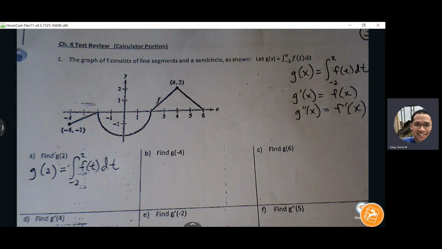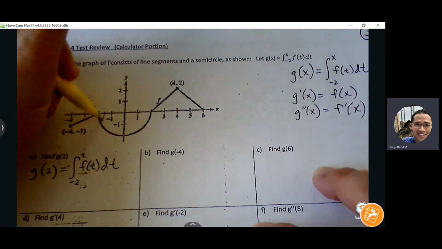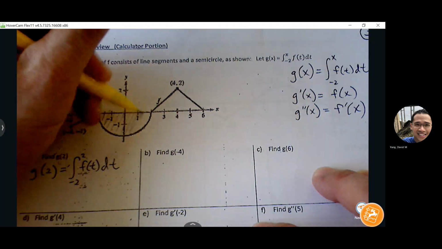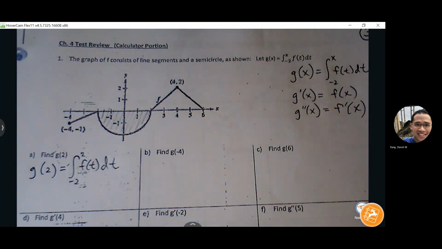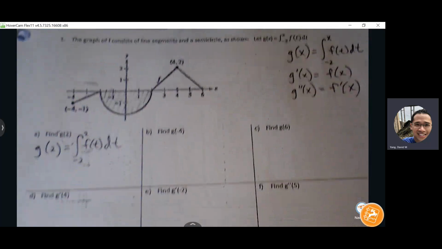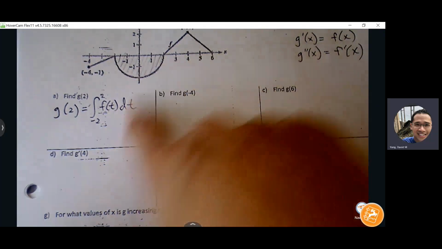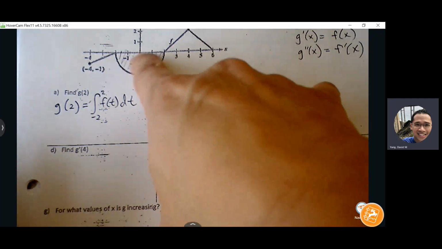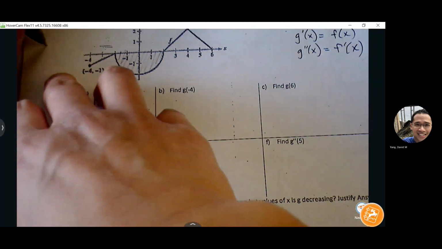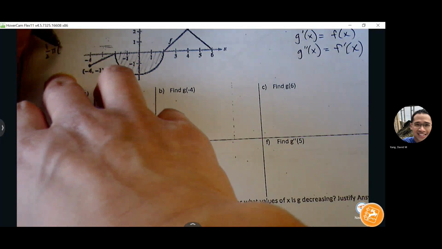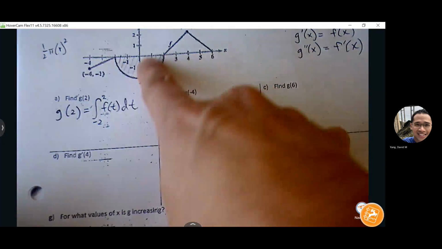So from -2 to 2, we're just looking at this region, right? Semicircle, 1/2 pi r squared. What's the radius here? Two, yep.